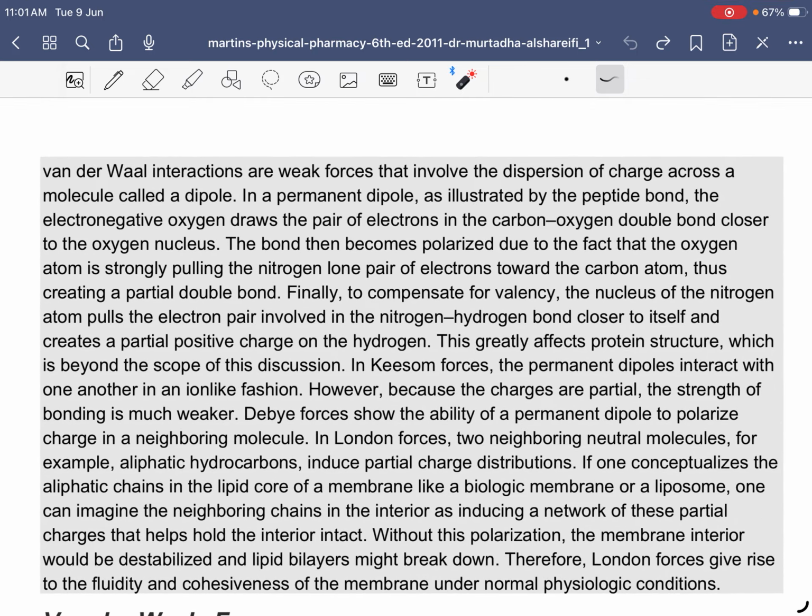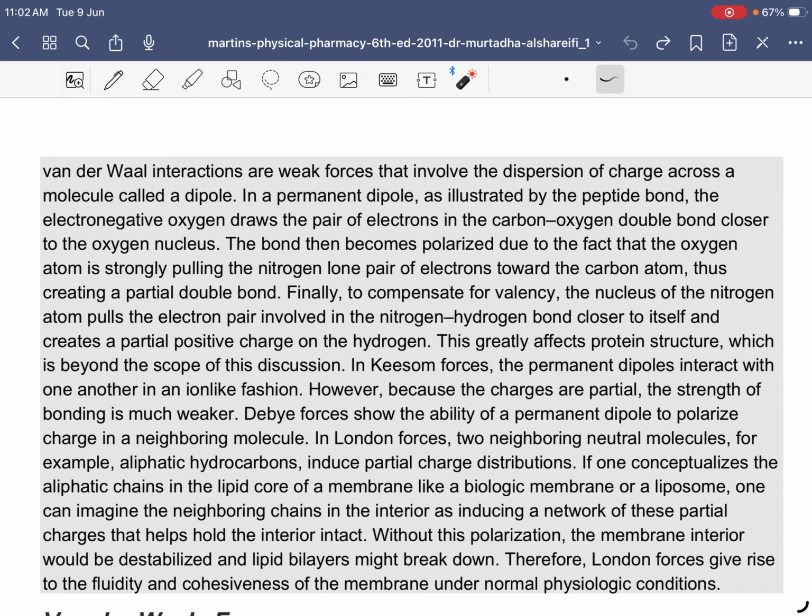So van der Waals interactions are weak forces that involve the dispersion of a charge across a molecule, called a dipole. In a permanent dipole, as illustrated by the peptide bond, the electronegative oxygen draws the pair of electrons in the carbon-oxygen double bond closer to the oxygen nucleus. The bond then becomes polarized due to the fact that the oxygen atom is strongly pulling the nitrogen lone pair of electrons towards the carbon atom, thus creating a partial double bond.